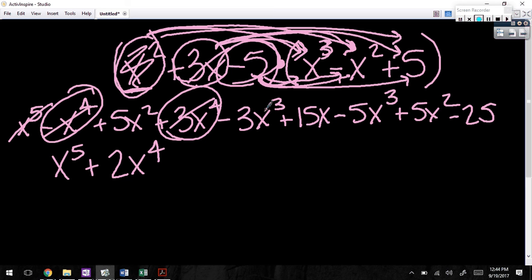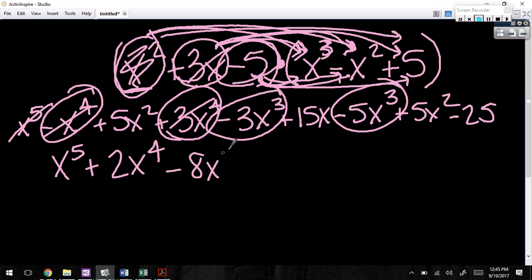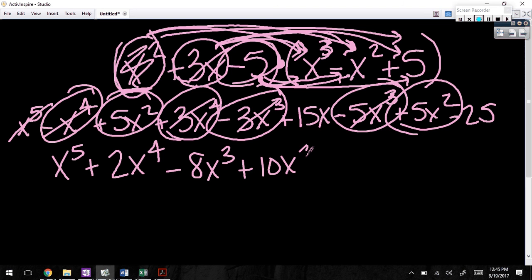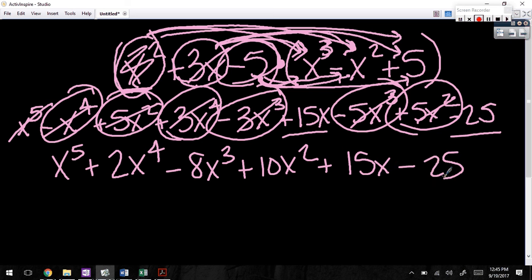Negative 3 and negative 5? Negative 8x to the third. How about powers of 2? Plus 2x squared plus 10x squared, plus 15x minus 25. Exactly. There's only one of those, so we can just write them. Does that make sense to everybody? Very long though. It is very long.